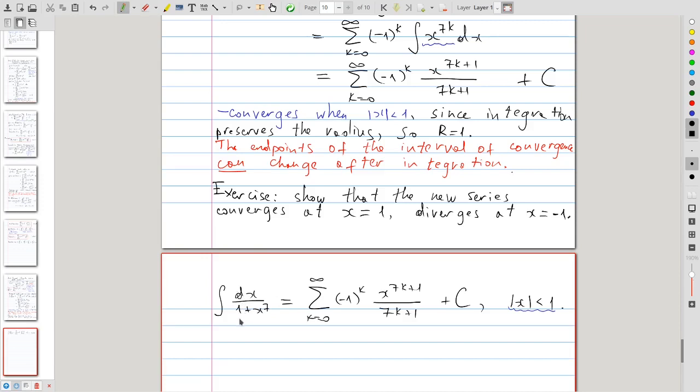That closed expression would be defined outside this interval as well. And effectively, if you're concerned with values of x outside of this interval, that is what you would have to do. On the other hand, if you're fortunate enough and you're only dealing with this antiderivative on this particular interval, then you can save yourself a lot of effort by going to the integration of power series, and you would have obtained the answer as we just did.